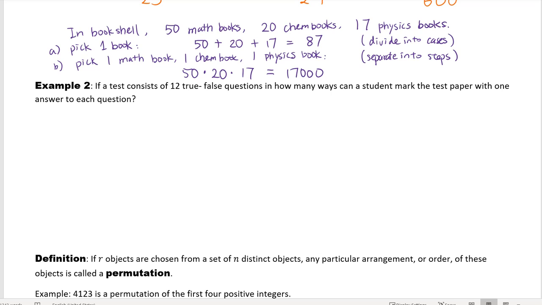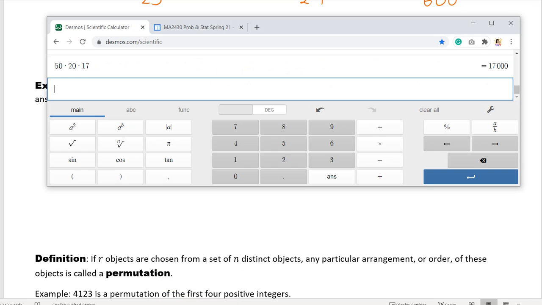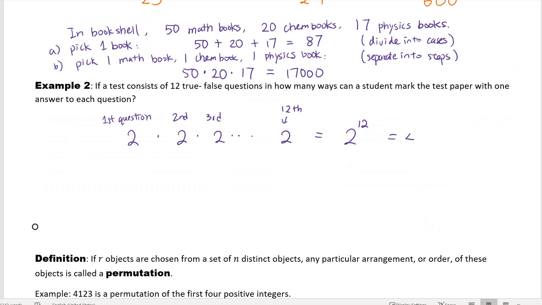Step 1, the first question, how many choices? 2, true or false. And then the second question, 2 choices. Third question, 2 choices. And this goes on for all 12 questions. There are 12 copies of 2 multiplying together. So what is that? 2 to the 12, 4096. So this is the answer. We have 4096 possibilities.